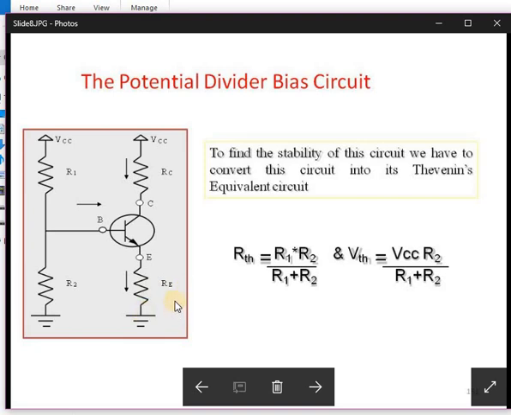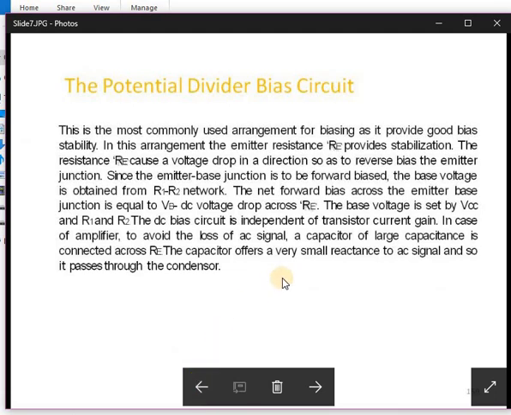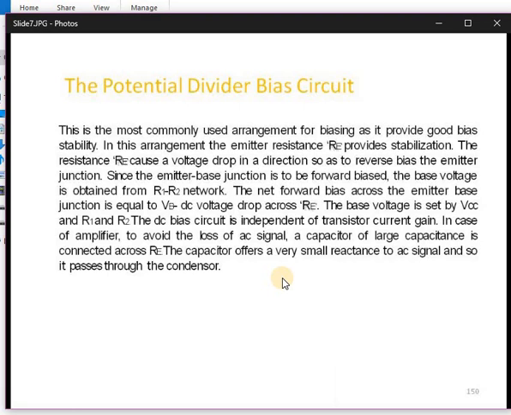The capacitor offers a very small reactance to AC signal, so the AC passes through the capacitor. The nature of a capacitor is that it allows AC and blocks DC. That's why the AC signal will pass through the capacitor.